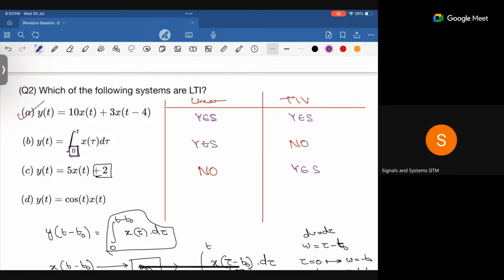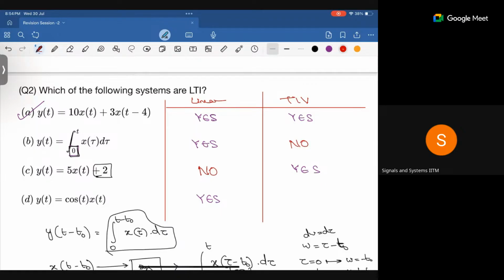Is it linear? Yes, it will be linear. Right. So you take alpha x1 plus beta x2. You will get output will also be alpha y1 plus beta y2. That is okay. Is it time invariant? Just now we discussed.